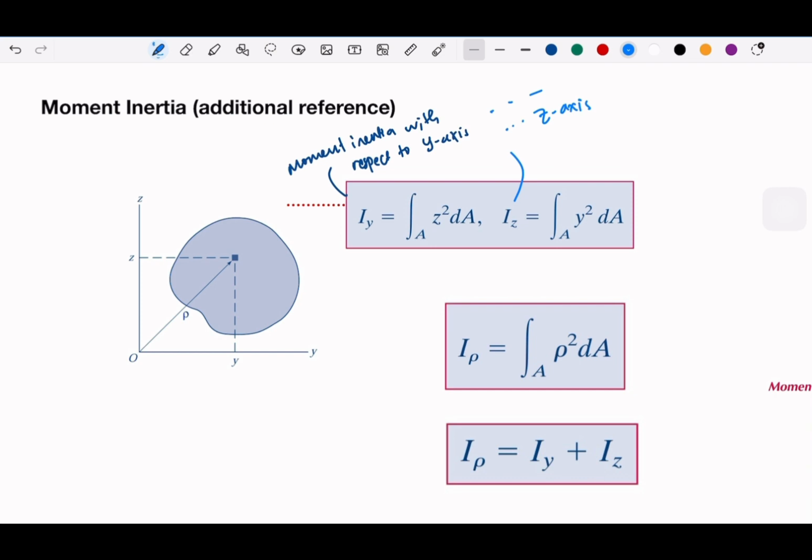And this one, we call the polar moment of inertia.